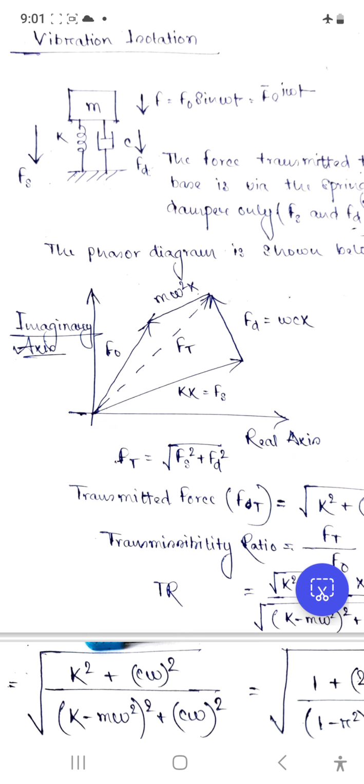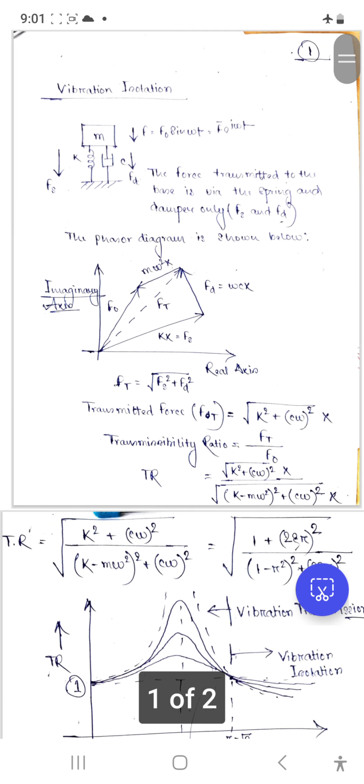Then in that case F0 will be root under (kx minus m omega square x) whole square plus (omega cx) whole square. So that is what we have written here, that is the expression.